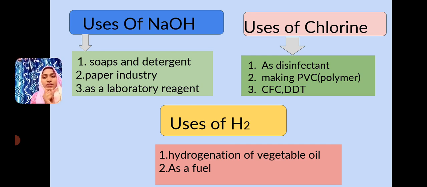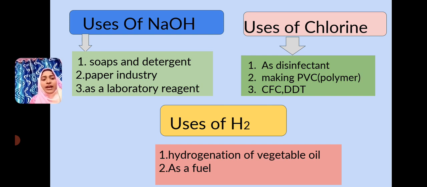We get CFC from the refrigerator and air conditioner, which is very harmful as the ozone layer gets depleted. And DDT, we all used nowadays. DDT got banned because it was used in many sources for killing pests, and nowadays its use has decreased.